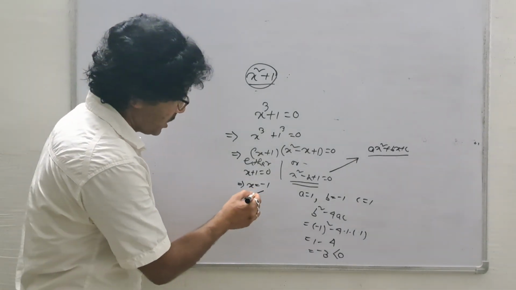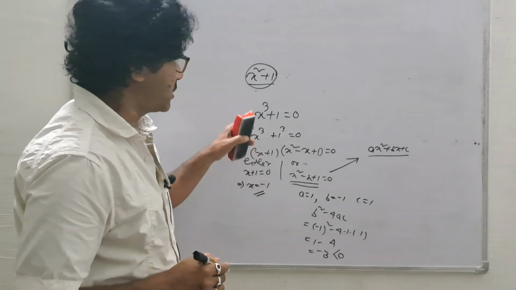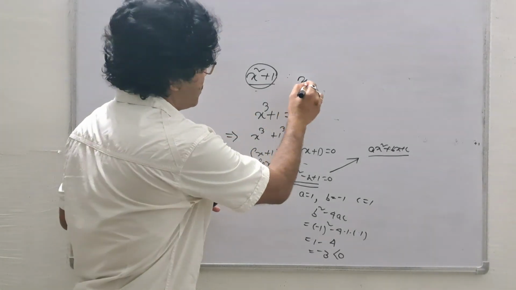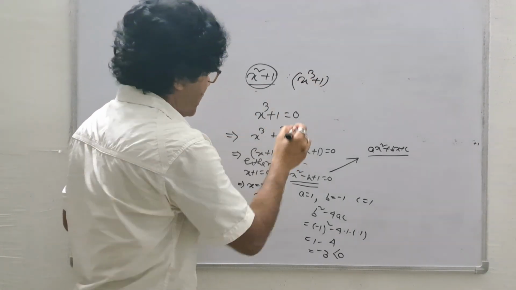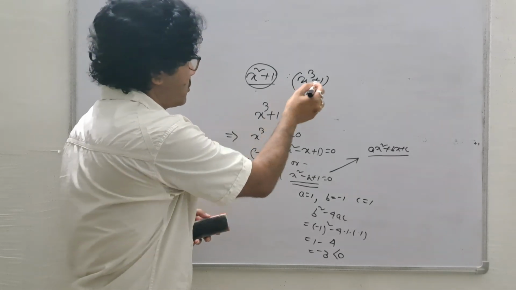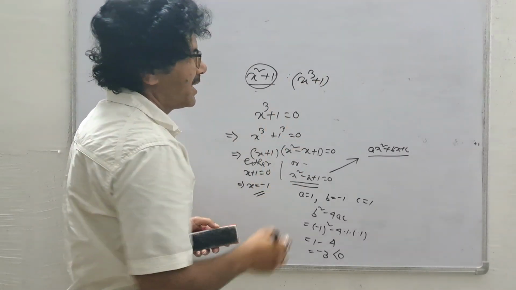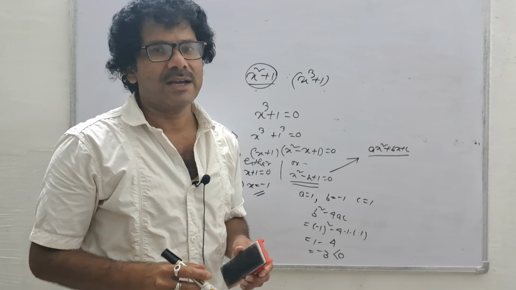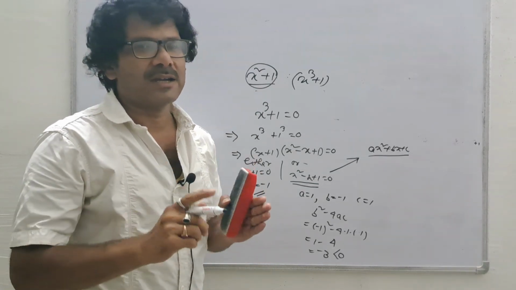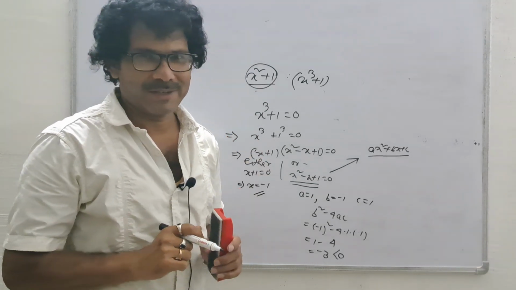So only one real zero you are getting from this polynomial, and hence the graph of this polynomial intersects the x-axis at one point only.